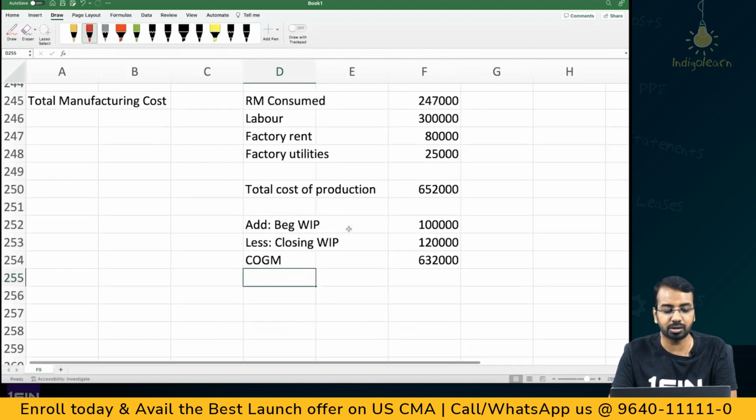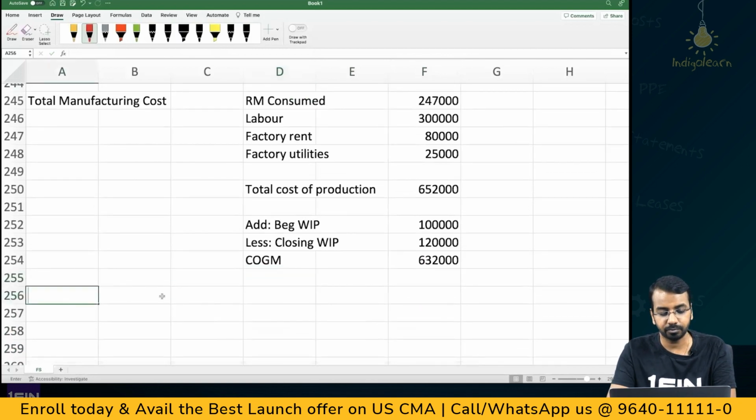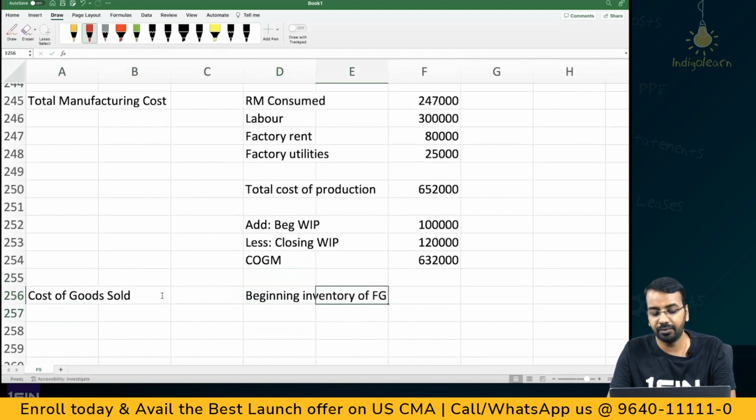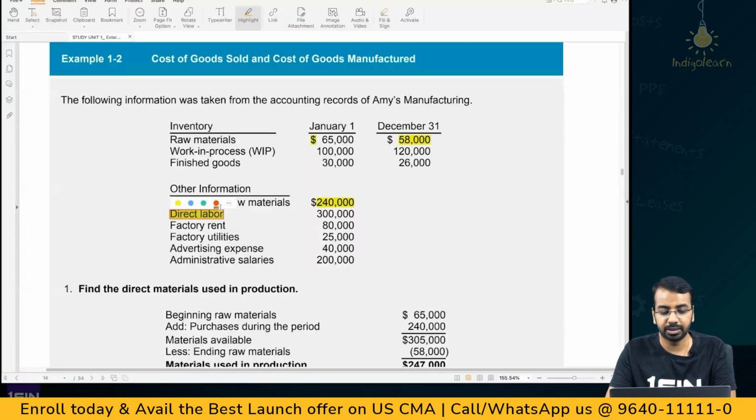Now, after I got cost of goods manufactured, cost of goods sold will be beginning inventory of finished goods, that is 30,000.